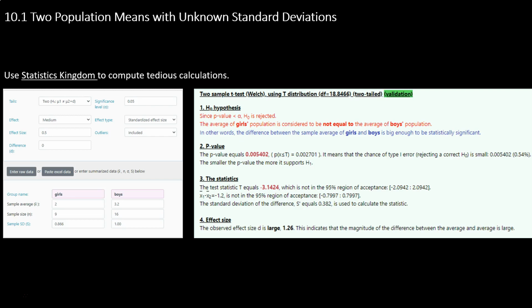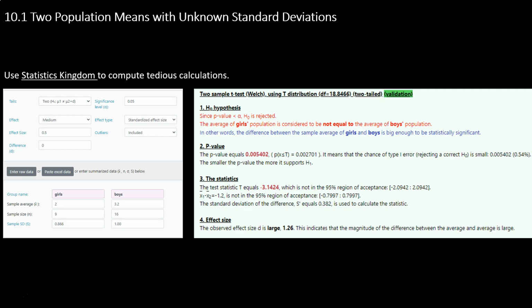If our p-value is very close to our significance level, then we're not very confident about whether we've chosen to reject or fail to reject. If the p-value is pretty different than our significance level, which in this case it is, it's an order of magnitude different, we can be quite confident in our conclusion that we've made.